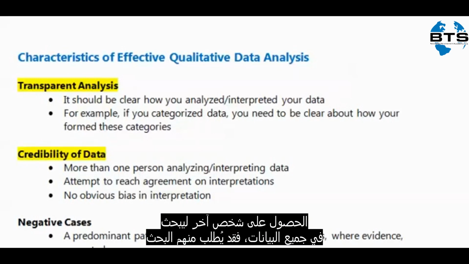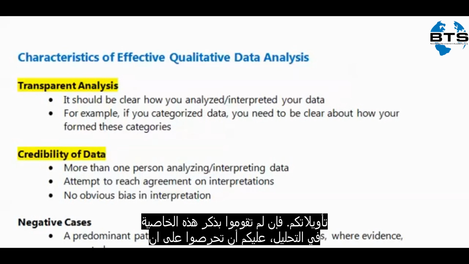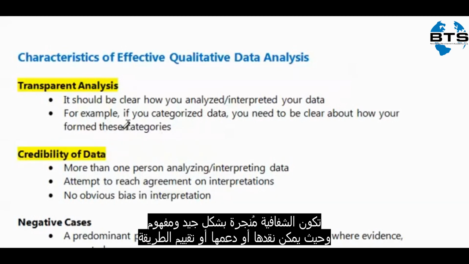Now that can be hard to do, getting a second person to look at all your data. So you might get them to look at random aspects of your data and see if they correlate well with what your interpretations were. Or if you don't include this element in your analysis, you have to make sure that your transparency is really well done so that we understand and can criticize or support or evaluate the way you've looked at data.